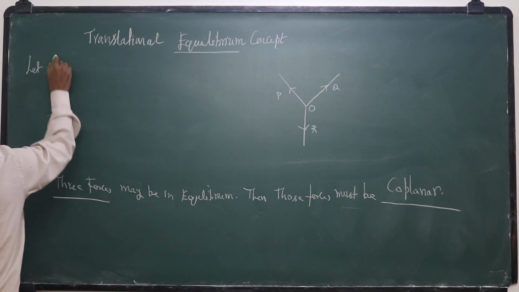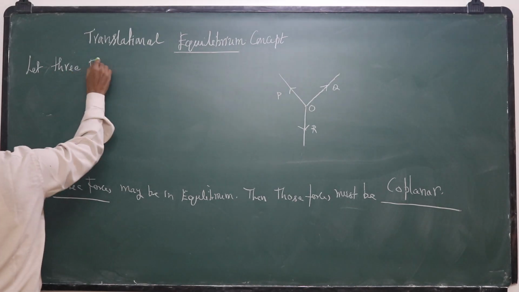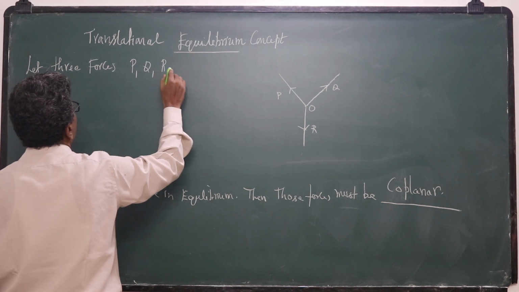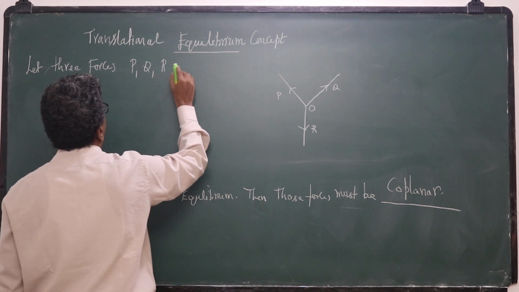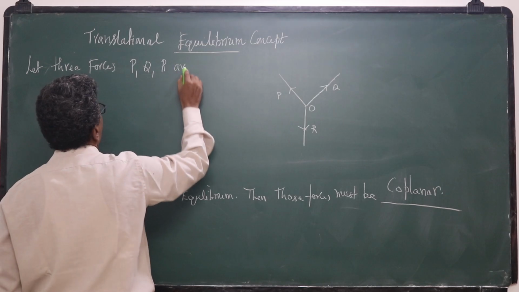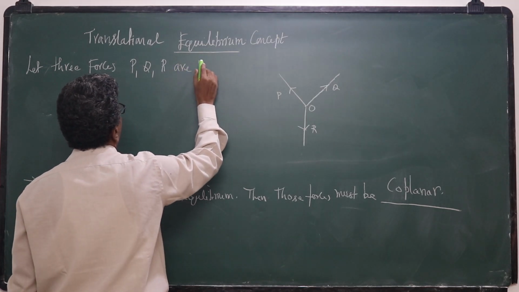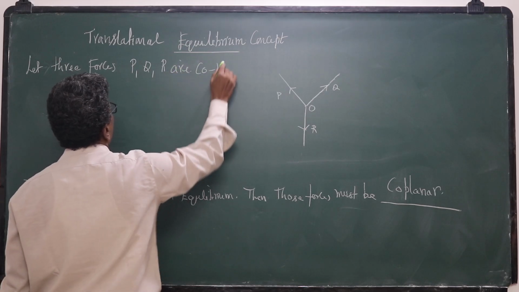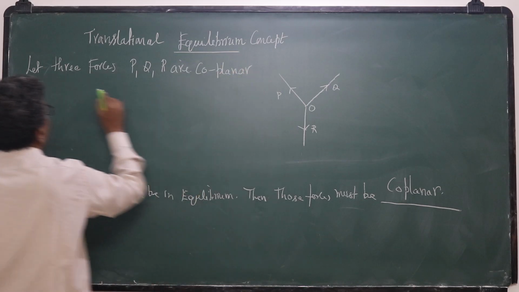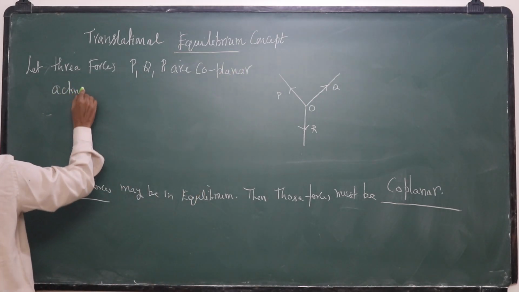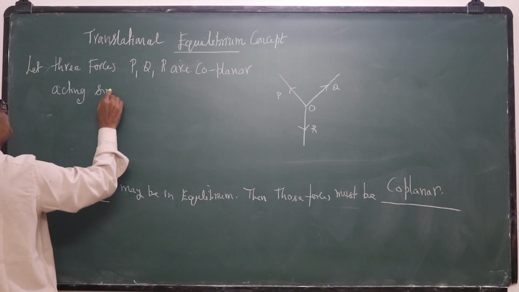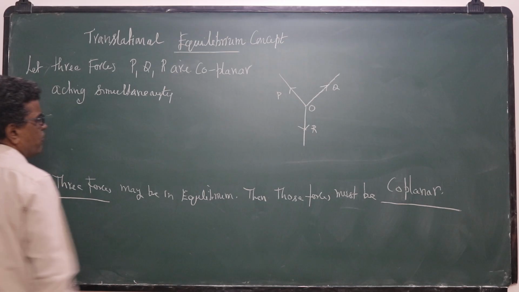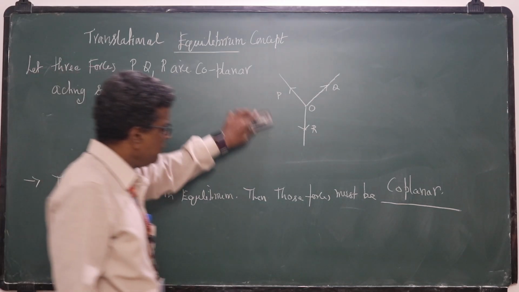Three forces P, Q, R are coplanar and acting simultaneously. Okay, that is the condition. Then there may be a chance of equilibrium.